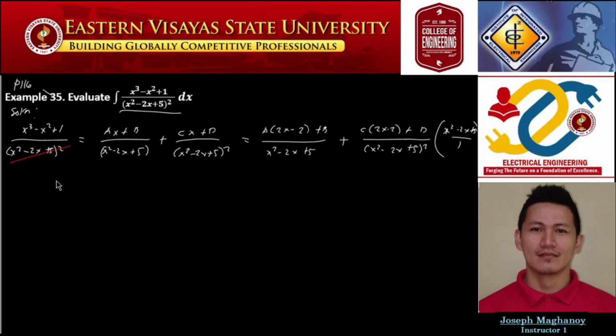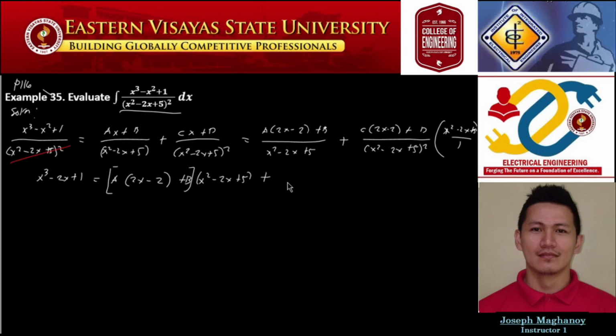So after multiplying the equation by the factor x squared minus 2x plus 5 squared, the remaining equation x cubed minus x squared plus 1 is equal to A times 2x minus 2 plus b, and the remaining x squared minus 2x plus 5, plus the distinct quadratic factor, which just cancels out.